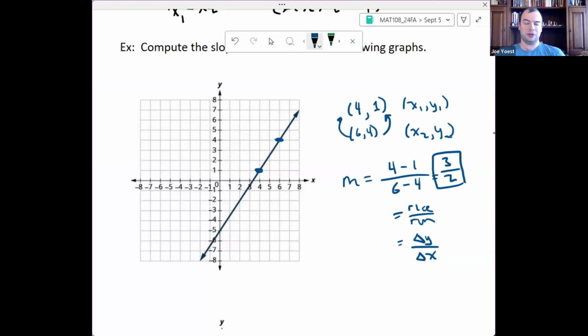Or for every 2 units we go to the right in the x direction, we go up 3 units in the y direction. Or if I think I'm climbing a hill that has slope 3/2, for every 2 units I move horizontally, I move up 3 units vertically. If I go 2 feet forwards, I go up 3 feet.